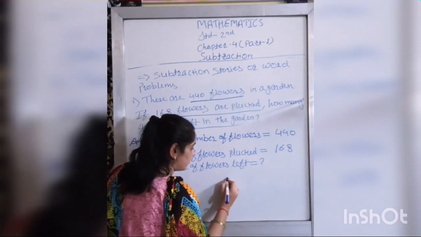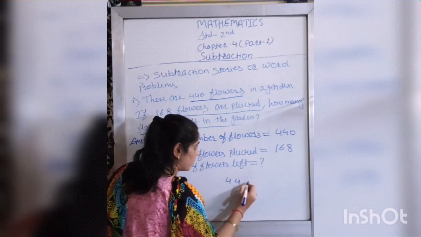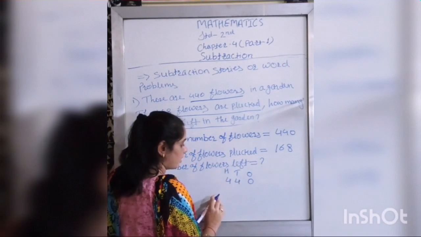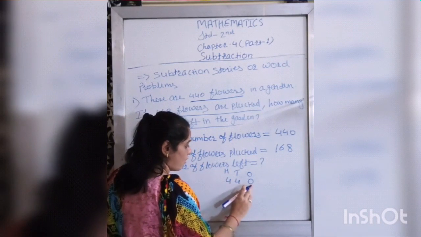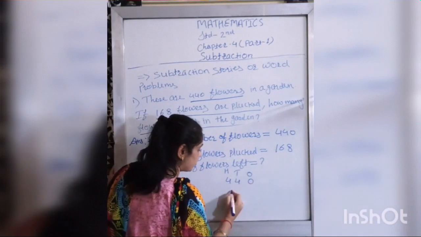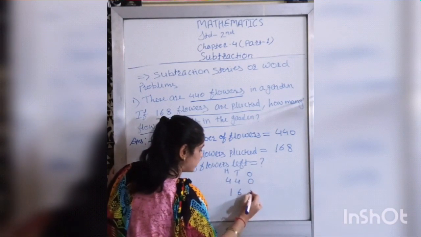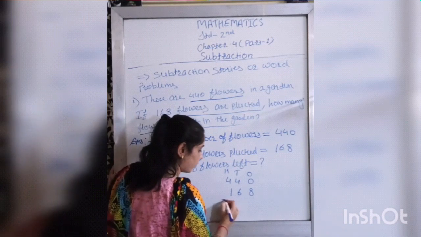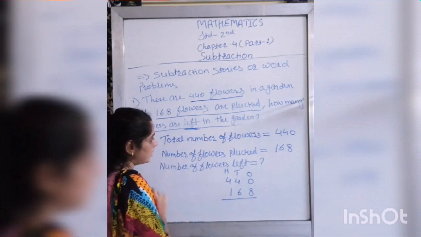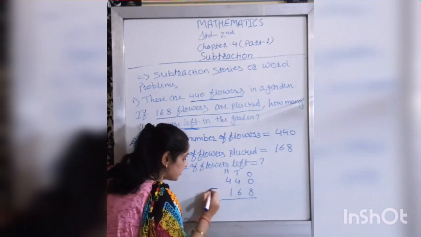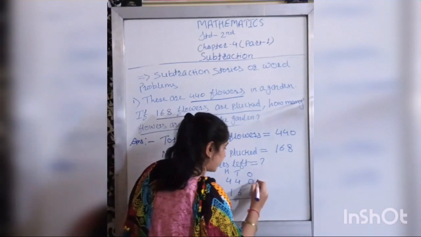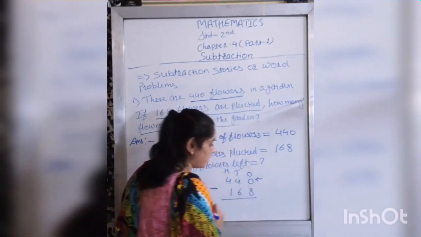Now see, first we will write the total number of flowers. The total number of flowers is 440. Out of that, how many flowers are plucked? 168. We have to find out the number of flowers which are left. Left means minus. Now start subtraction from the ones place.